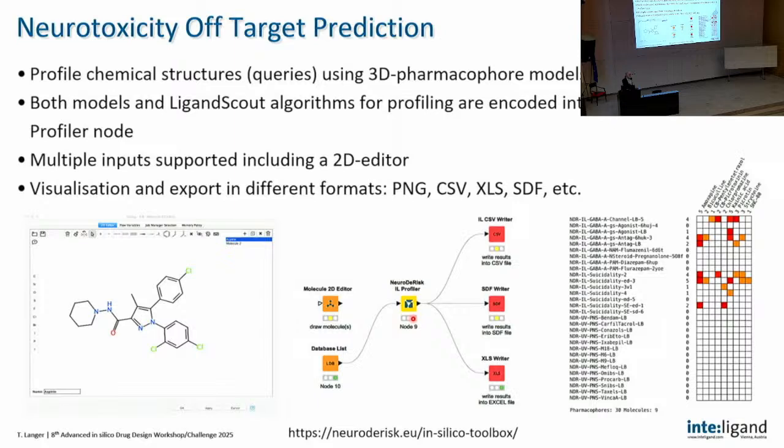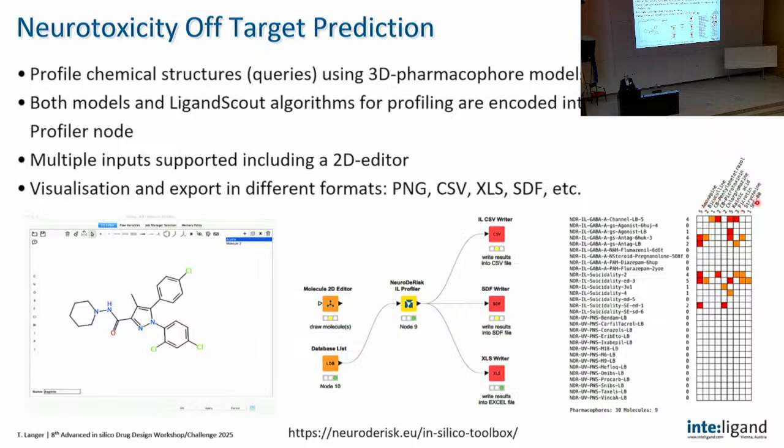All the models are in there, and all the molecules that go through are tested on all the models, and at the end you get a sort of heat map. You can visualize it and see which molecules hit which target pharmacophore. The ones that are completely clean are white, and the more red it is, the more dangerous it seems to be. The molecules are on the top.